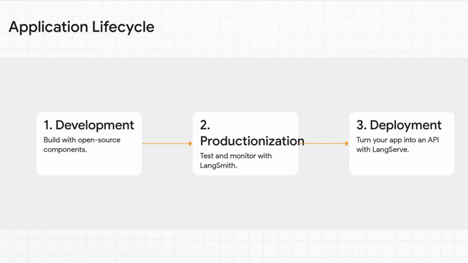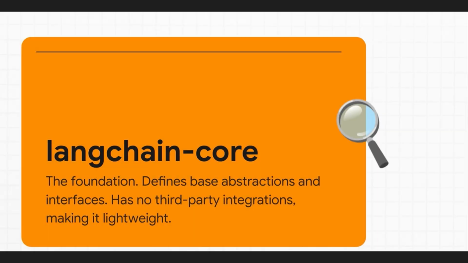This is super important to understand. LangChain is not just a giant library. It's actually a whole ecosystem of different packages that are designed to be modular, and each one has a very specific job to do. At the base, you have what is called LangChain Core, and everything, and I mean everything, is built on top of LangChain Core, and this is the absolute foundation.